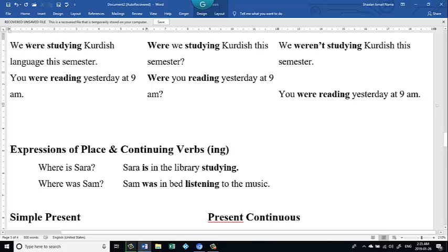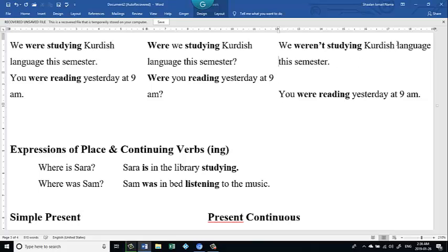Let's continue. We have were, then we have studying, ing form. Then to make a question short answer, were we studying Kurdish language this semester? Yes, we were, or no, we were not. Then see here, if we make it short with contraction, we weren't studying Kurdish language this semester.